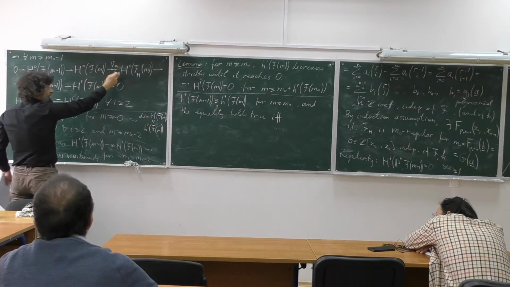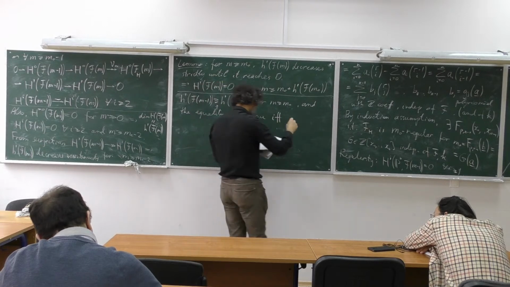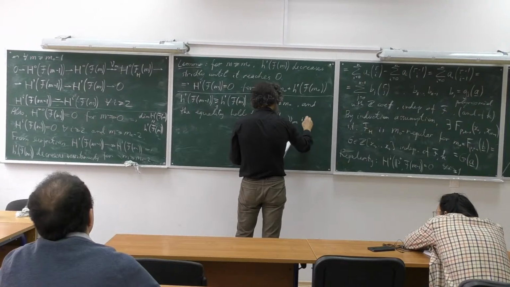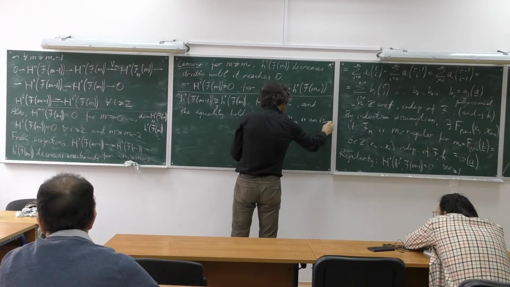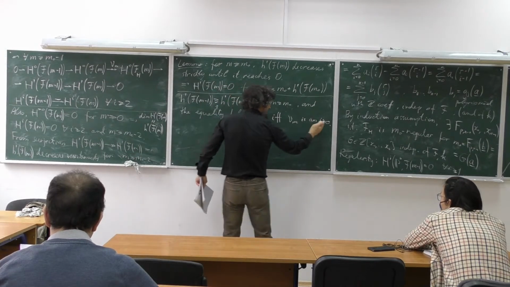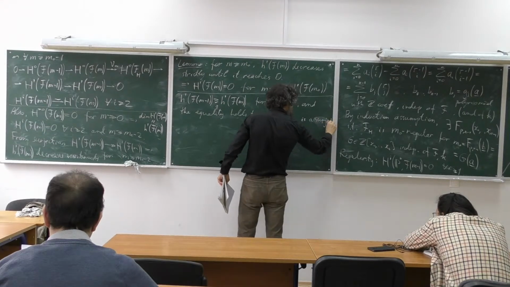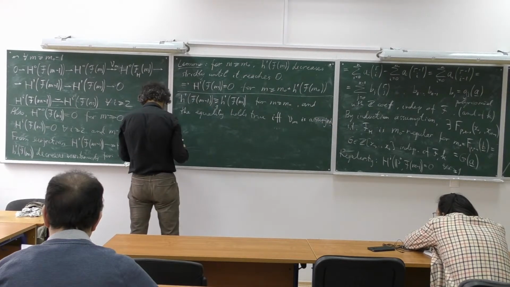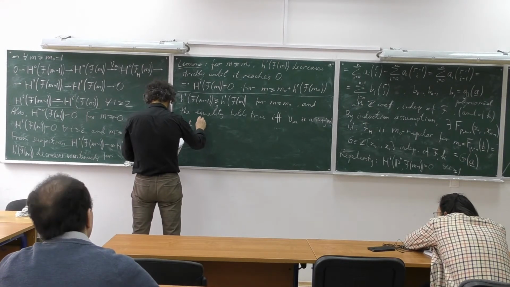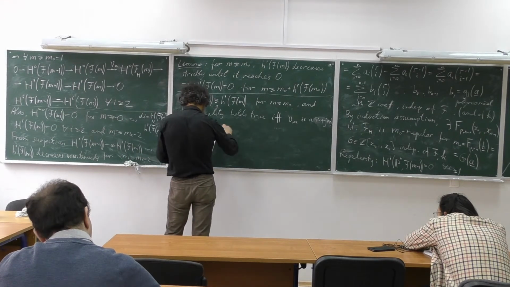So if this map is surjective, then this is an isomorphism. So if nu_m is iso, okay, no, not iso, but surjective. Well, but we know that F is m-regular.